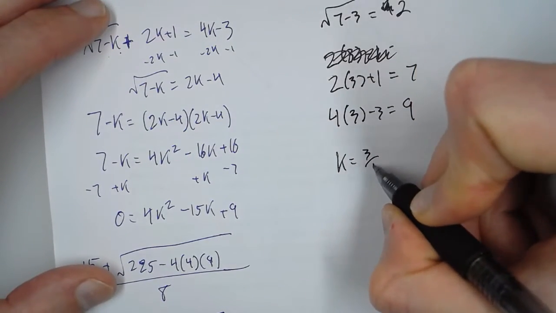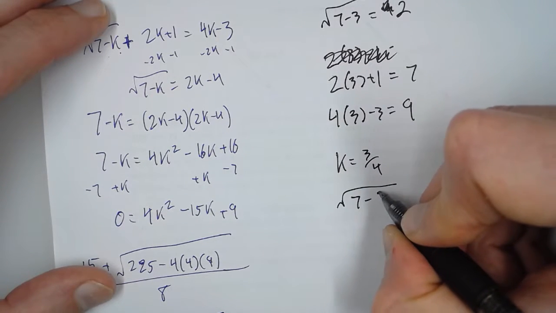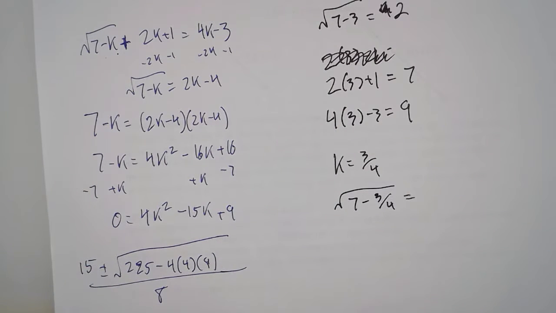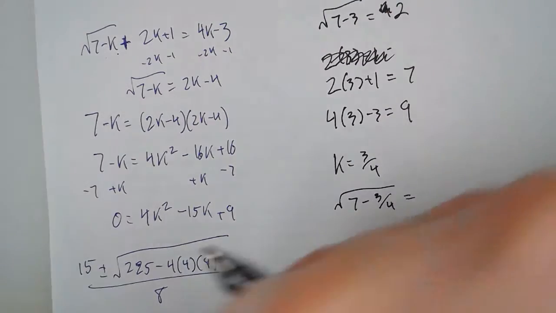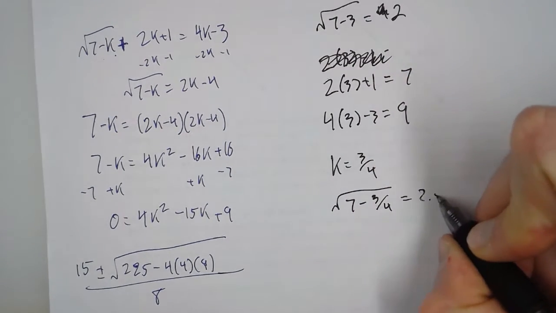But what about 3/4? So if I take square root of 7 minus 3/4, I get some kind of decimal. So let's see that. 7 minus 3/4 is 6.25, and the square root is 2.5.